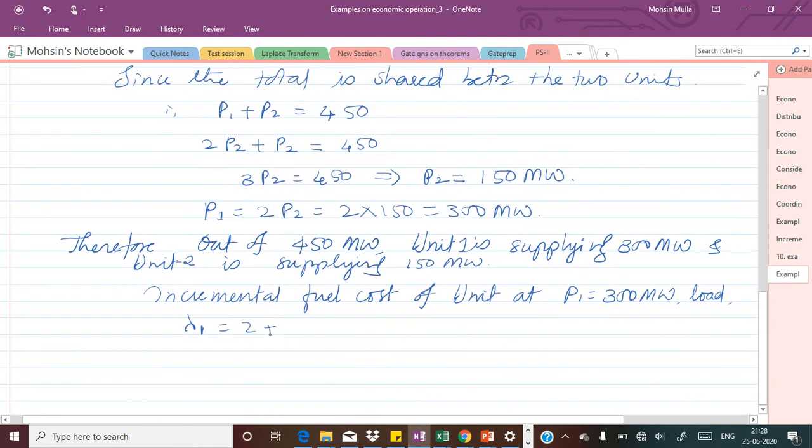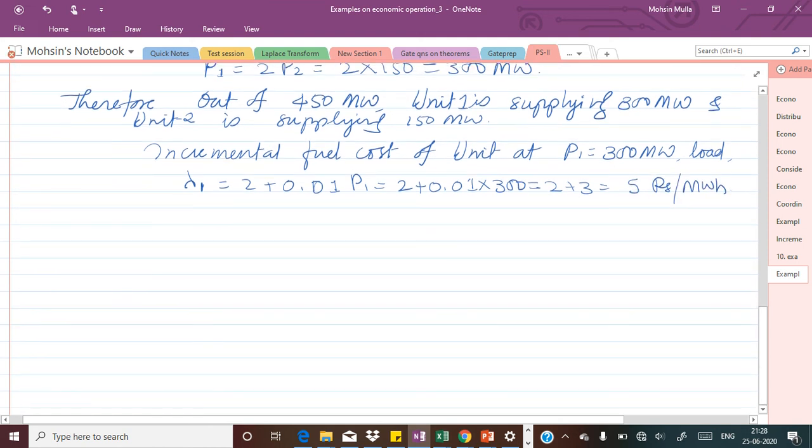So 2 plus 0.01 into 300. It is going to be 2 plus 3, which equals 5 rupees per megawatt hour. Okay, similarly we can obtain the incremental fuel cost for unit 2.